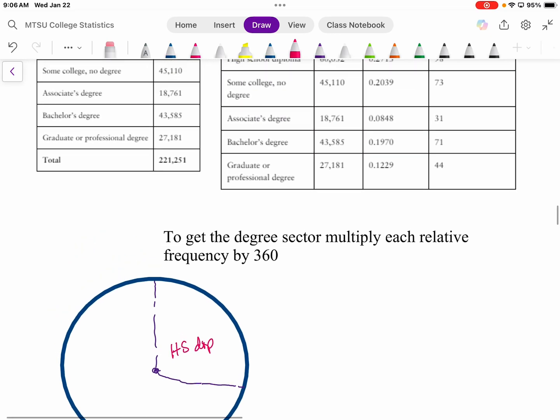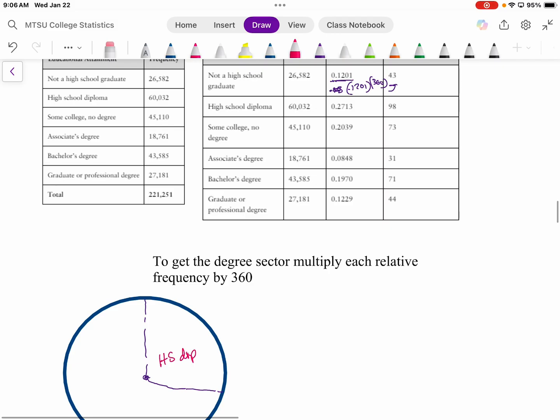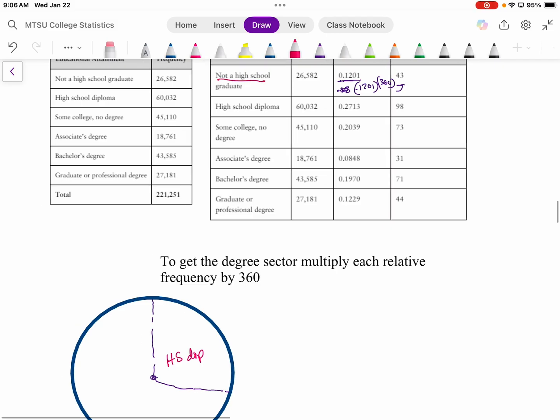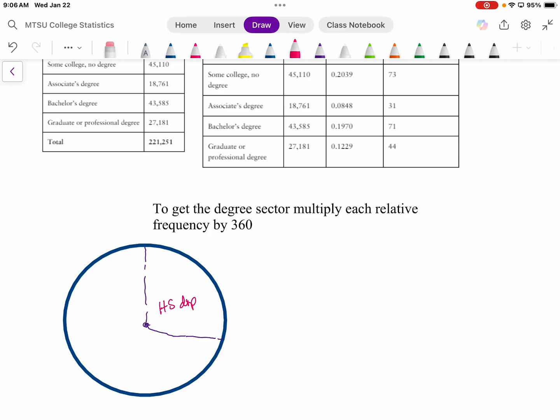And then I would pick the next category that may be easy to do: the not high school diploma. I'm going to do that one because that's close to being 45. So if I think about drawing a horizontal line out here to the left, I could maybe just go a smidge in front of 45 degrees, and that looks like it's about 43 degrees. And then I would say, okay, that's going to be my no high school diploma.